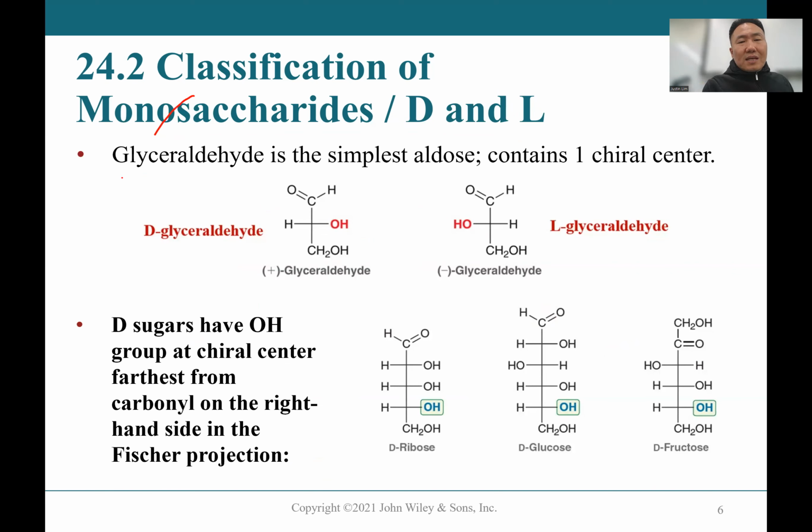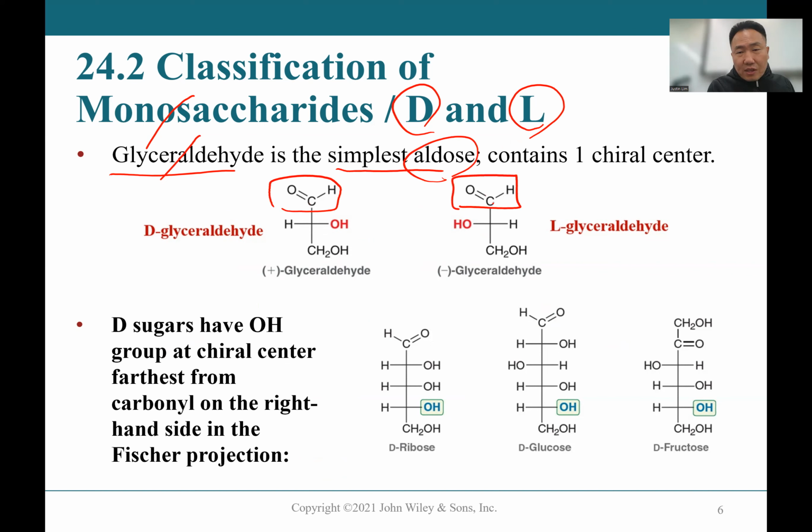Classification of monosaccharides, D and L. Glyceraldehyde is the simplest aldose. The simplest aldose contains one chiral center. Here, one chiral center. These sugars have the OH group at the chiral center farthest from the carbonyl.